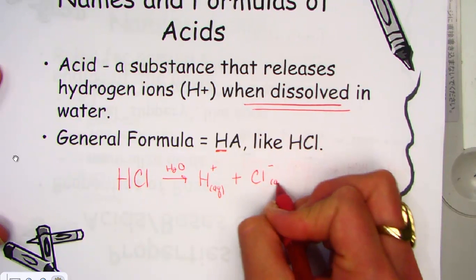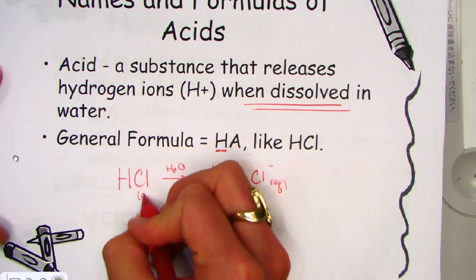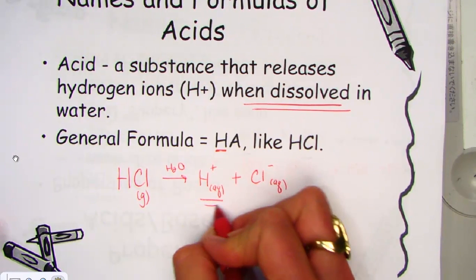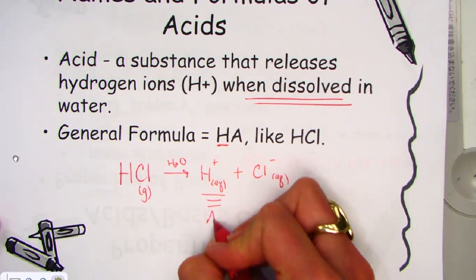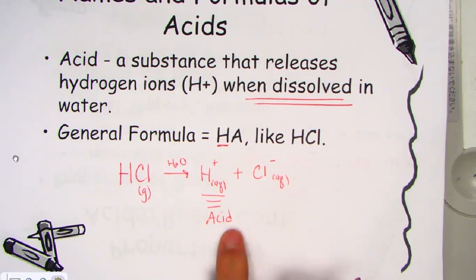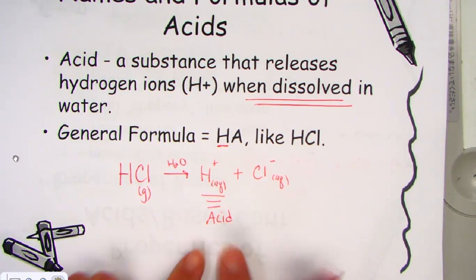Ions are always aqueous, and outside of water, hydrogen chloride is actually a gas. So if we bubble hydrogen chloride into water, we create aqueous ions. This is the very definition of an acid: something that when dissolved in water releases hydrogen ions.